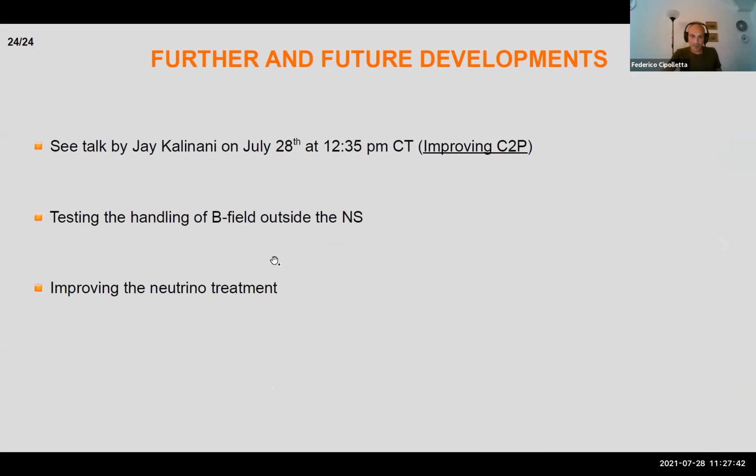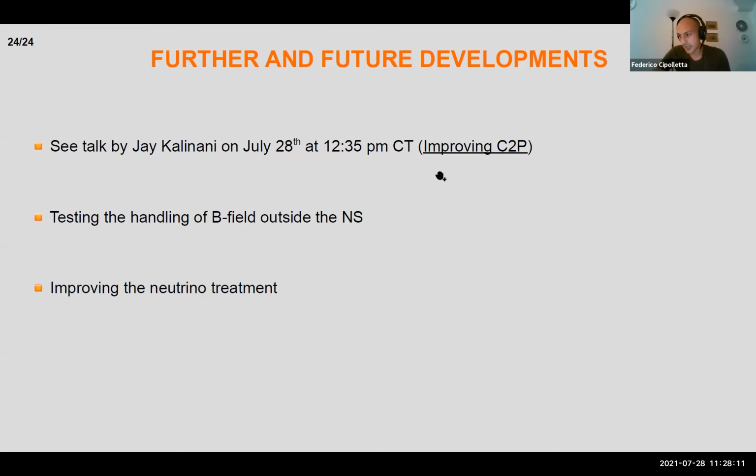And concerning further development and future work, I cite the lightning talk that Jay Carinani will hold later that day, about improving the conservative to primitive scheme adopted in Spritz.